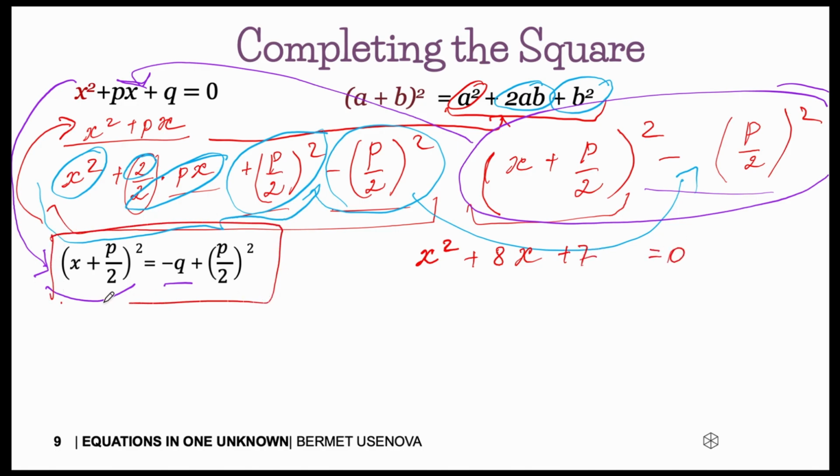So let's solve an example: x squared plus 8x plus 7 equals 0. Here is a shortcut for our completing the square. We don't have to do all this that we did before to get it.